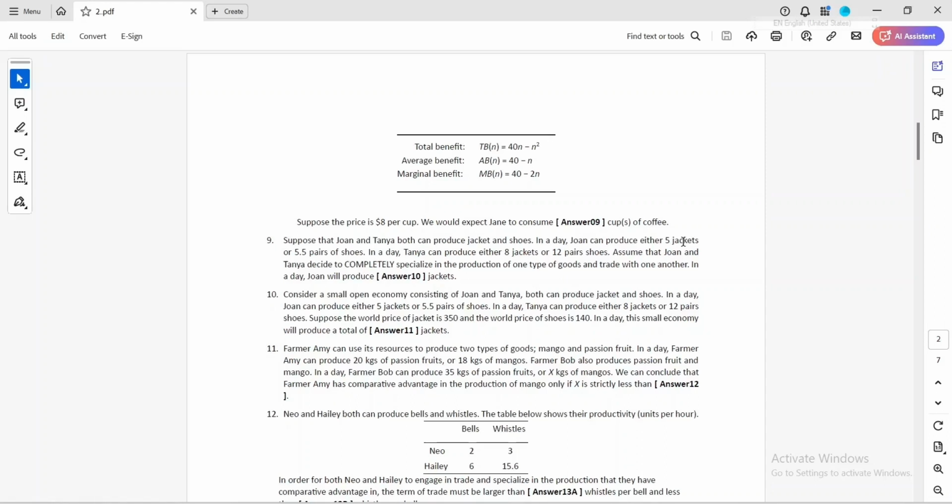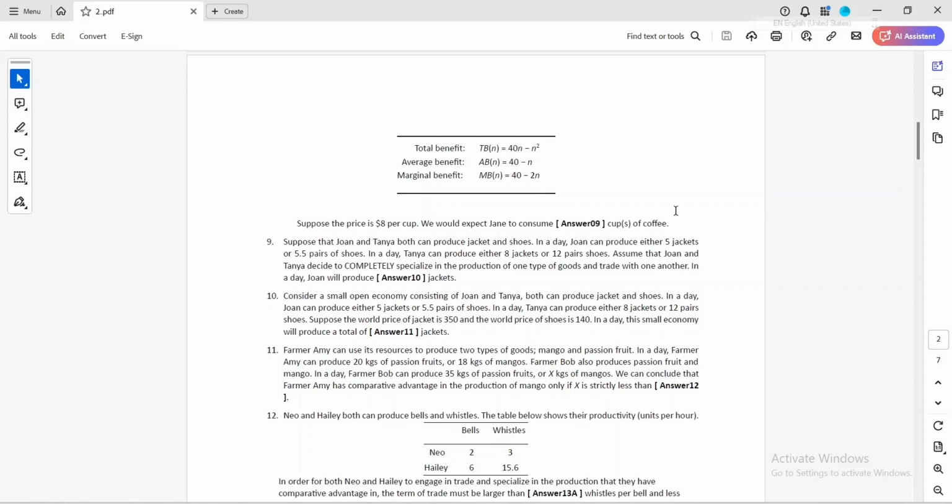So this is larger than the opportunity cost when he produces shoes. The opportunity cost of him producing shoes is 5 divided by 5.5. So he should specialize in producing shoes, right?